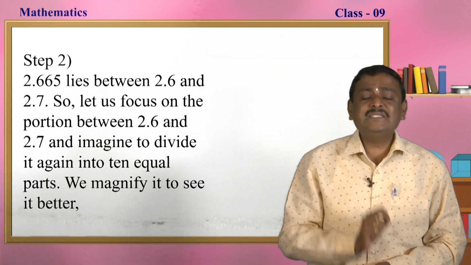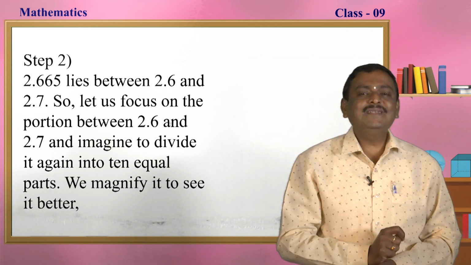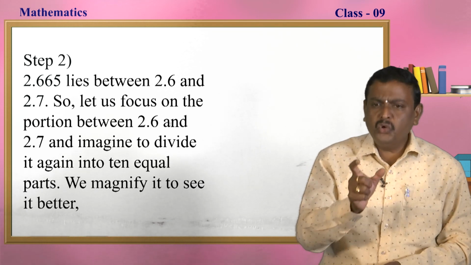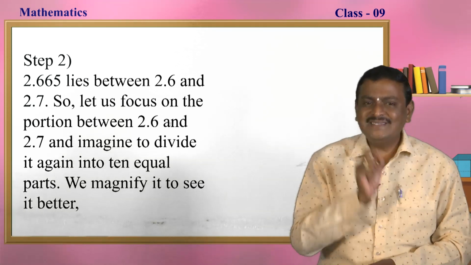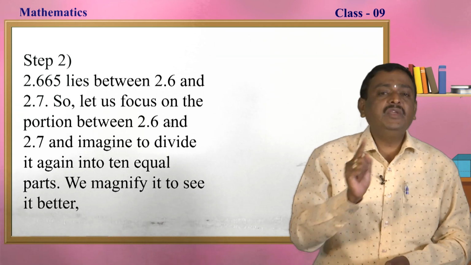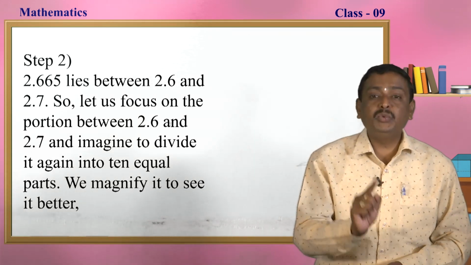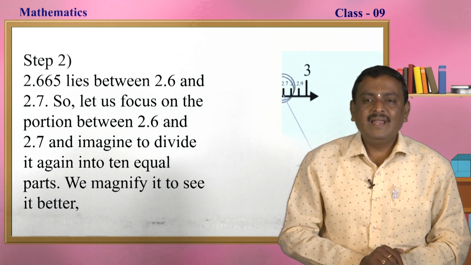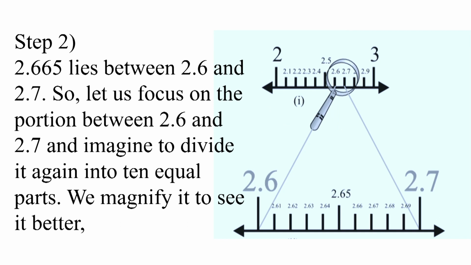2.665 lies between 2.6 and 2.7. Let us focus on the portion between 2.6 and 2.7 and imagine dividing it again into 10 equal parts.